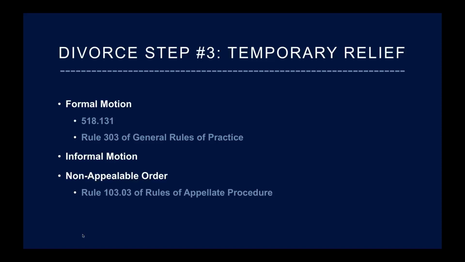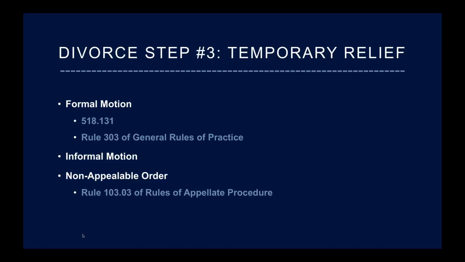There's a couple of ways that judges have afforded, or referees have afforded litigants an opportunity to raise such a motion. Most often it's done formally, where there is a formal notice of motion served. There is an affidavit supporting that motion that is provided to the court.